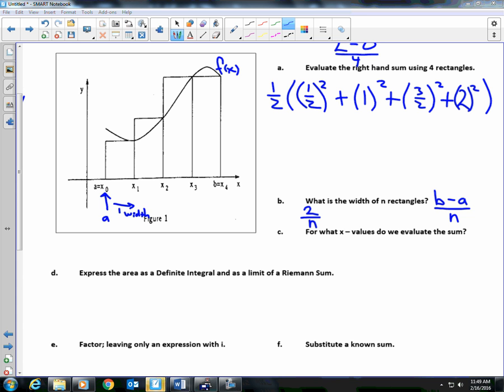This is just a general function, if you understand the idea. I'm going to start at A, then I'm going to move over 1 width. And that's where I create my first rectangle, right? So for this problem, what is our starting point for our interval?